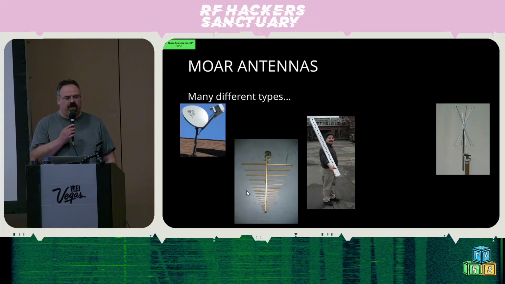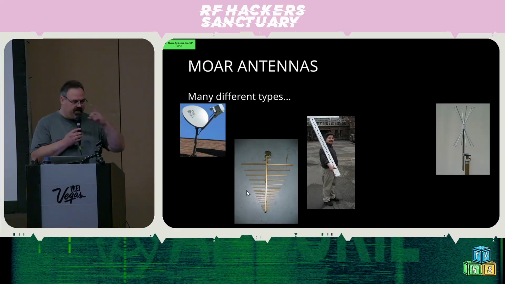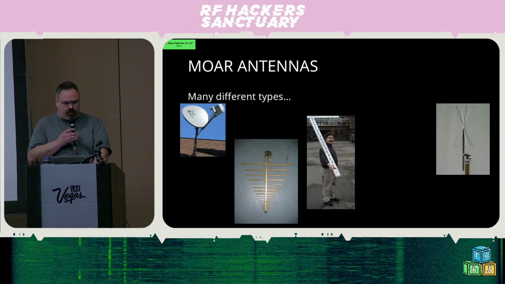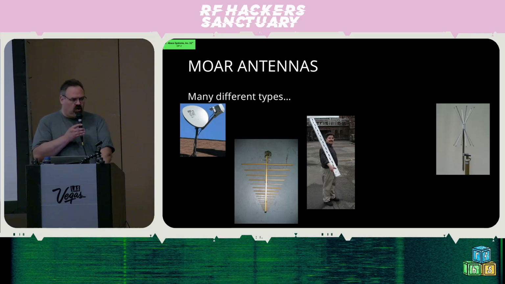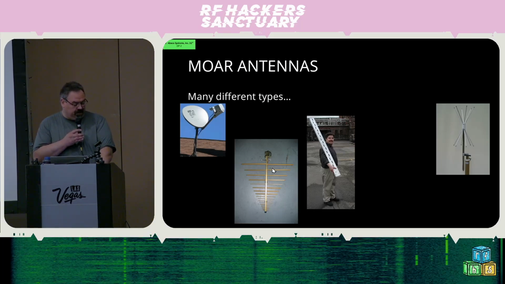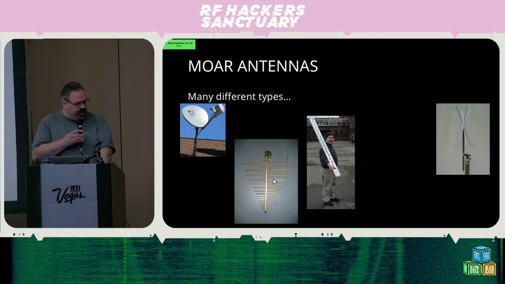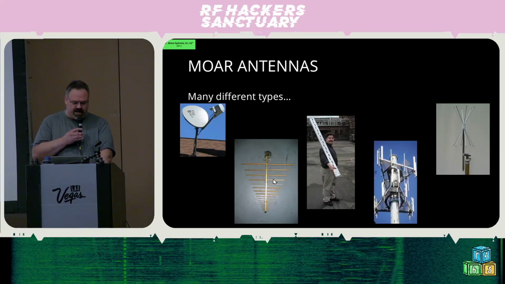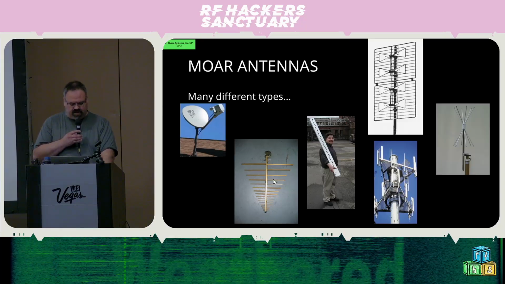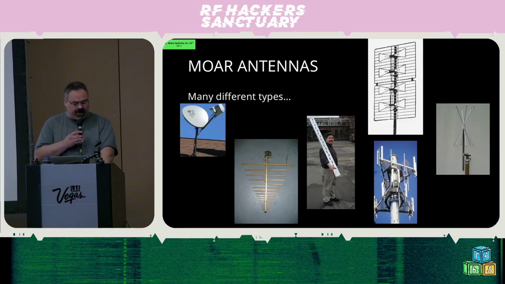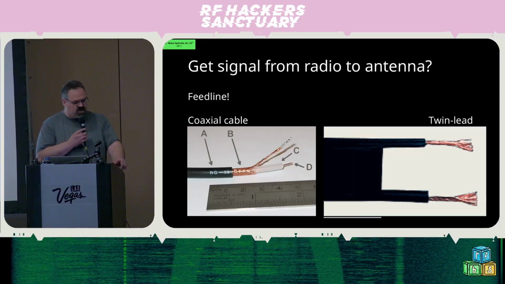Logarithmic antenna, or log periodic. It basically is good for a whole lot of frequencies. It's a very wideband antenna, and it's a little bit directional. Cell phone sector antennas, bi-quad antennas with reflectors, all kinds of stuff.